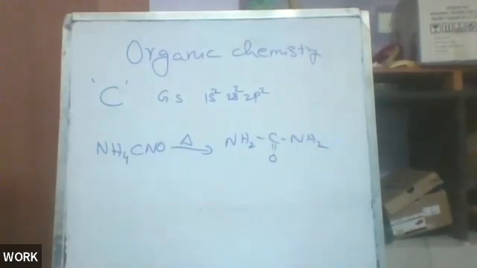When you heat ammonium cyanate, you end up with urea, a carbon and nitrogen containing compound.